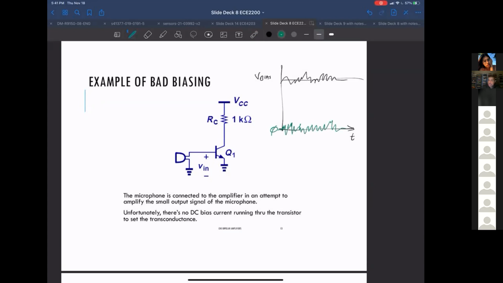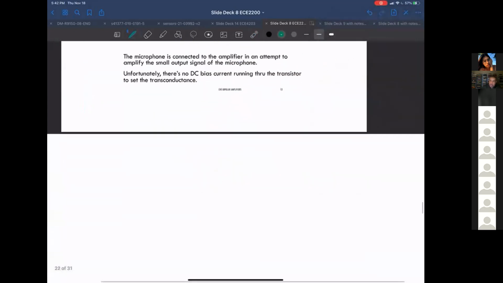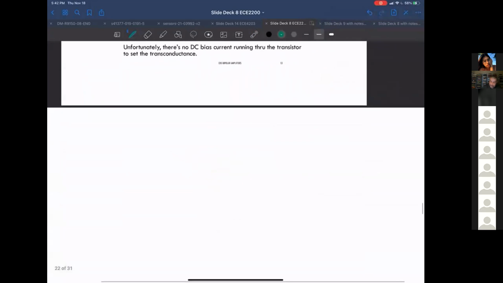So let's take a look at what that does as an example. If you look at it from a large signal view, we have a kilo ohm resistor, transistor Q1, and we have our V out.